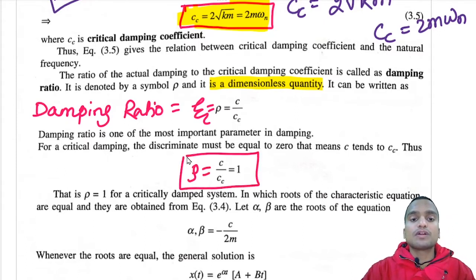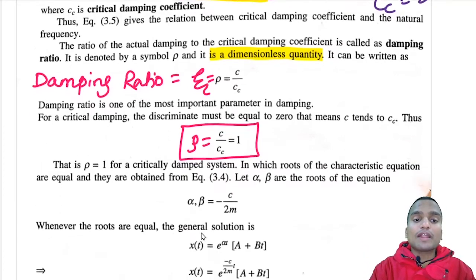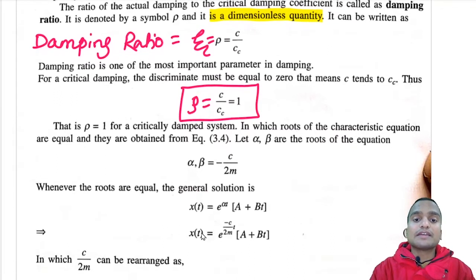This is only in the case of critical damping. And for rho equal to 1, the roots of the characteristic equation which we derived, lambda 1 and lambda 2, will both be equal.